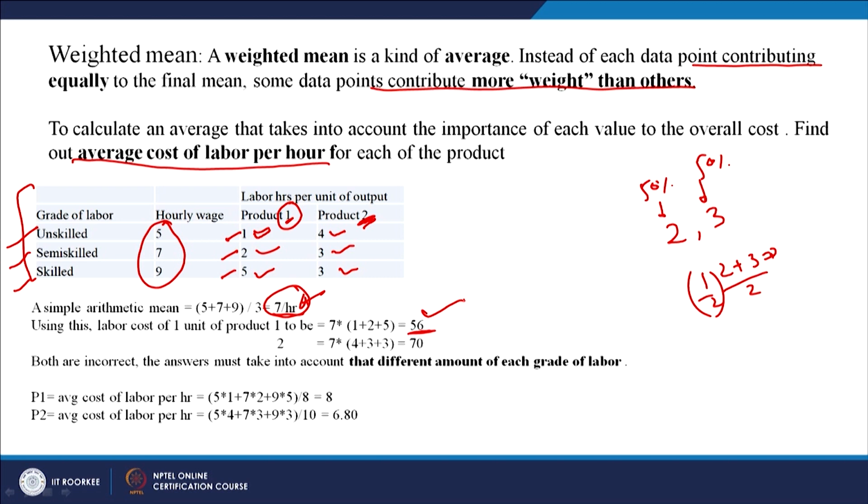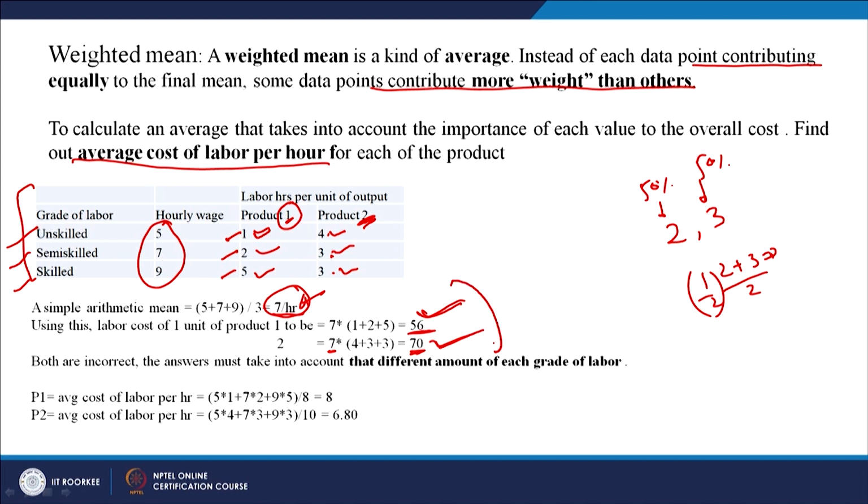Similarly, for product 2, total hours required are 4 plus 3 plus 3, 10, right, 10 multiplied by 7. So, would we say that the labor cost of 1 unit of product 1 is 56 and for product 2 is 70?